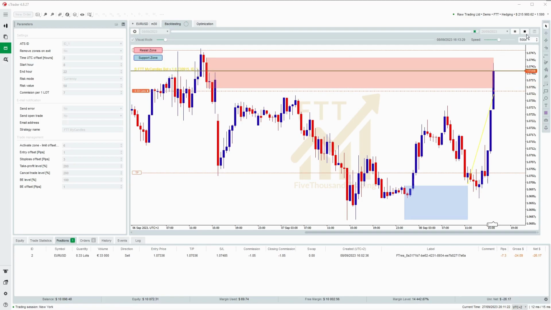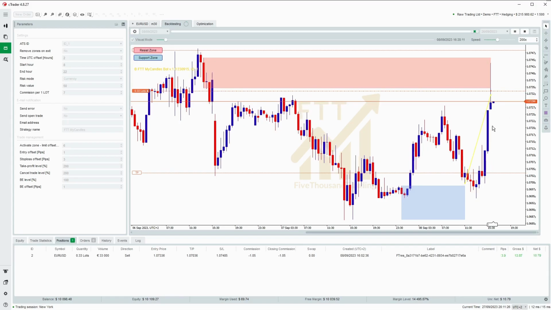At the same time we have a sell limit order filled for the short trade. And again, if the price goes south now by 100% of the zone size, then the stop loss moves to break even.